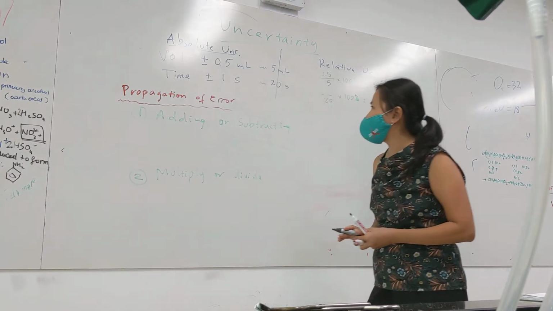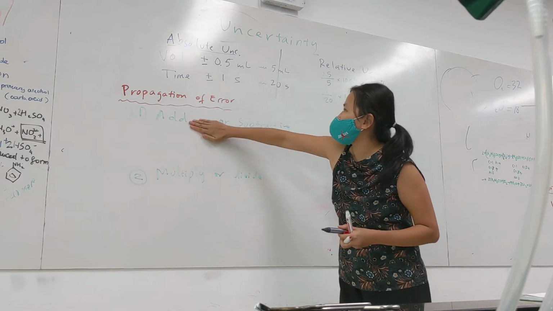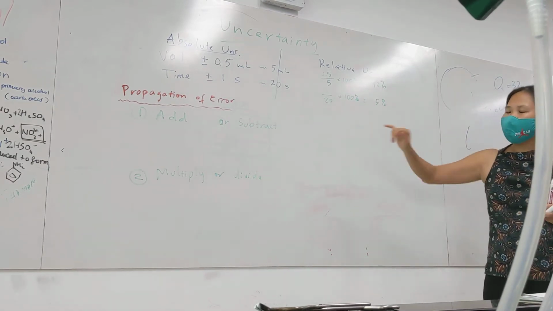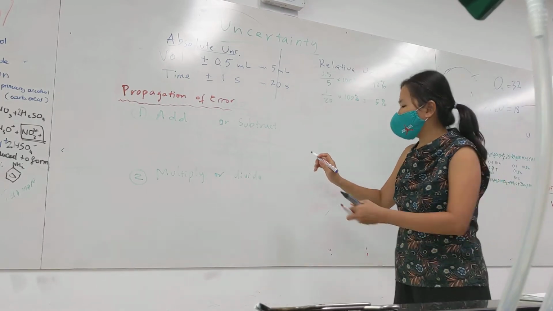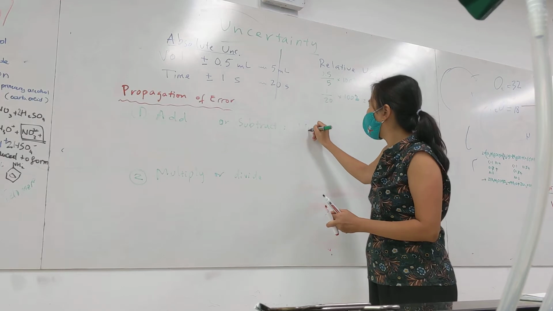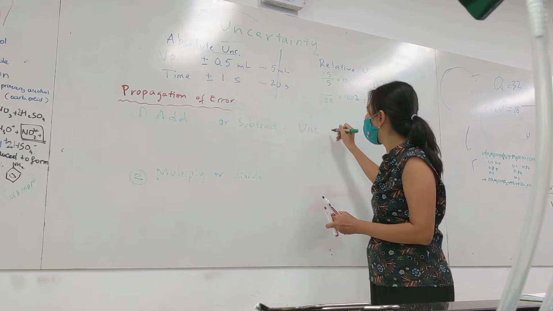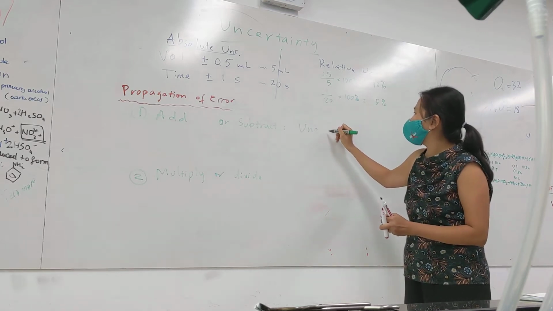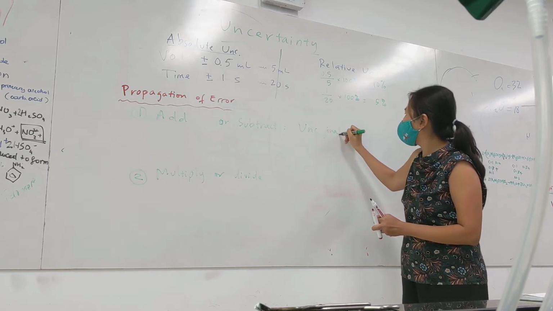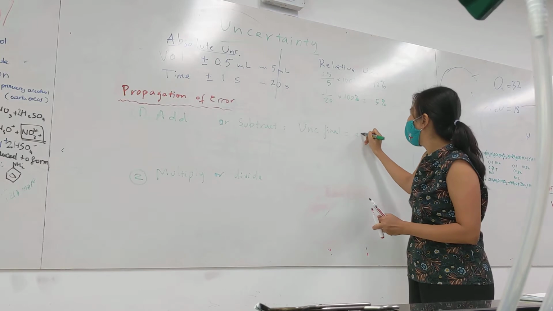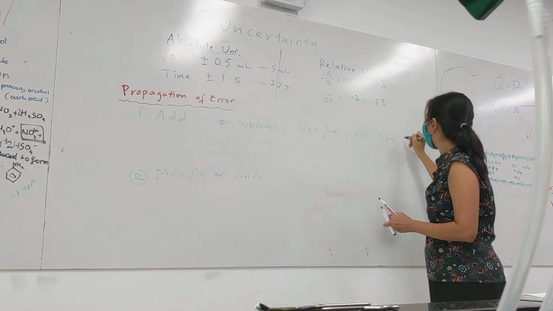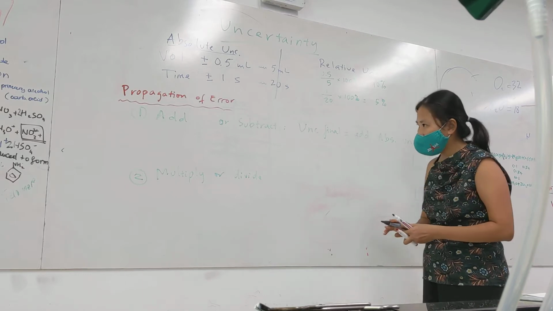Okay? So you add or subtract or multiply or divide. When you add or subtract, the rule is that for uncertainty, you are going to add the absolute uncertainty. Final uncertainty is adding absolute uncertainty. Okay? What does that mean?